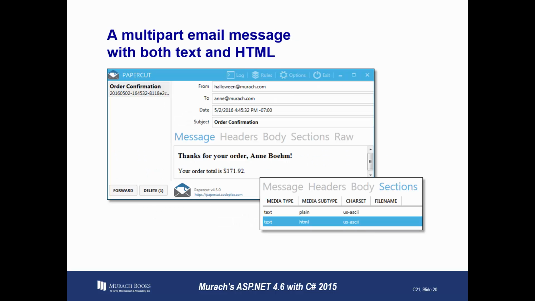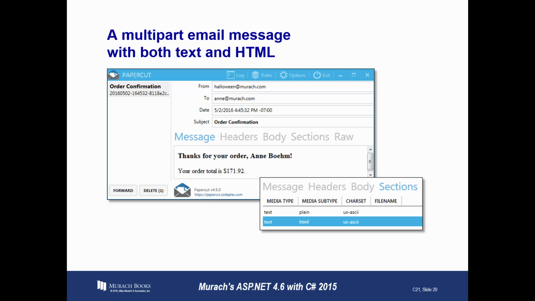As far as how to create an email message, on 766 and 767, by default, email messages consist of plain text with no formatting. However, it is possible for you to create a formatted message by using HTML. However, it is considered best practice to include a plain text message as well as an HTML message, and you do this by creating a multi-part email message, and they show you this graphically here in figure 21.6 on page 767.